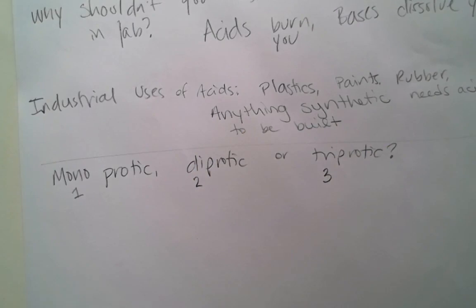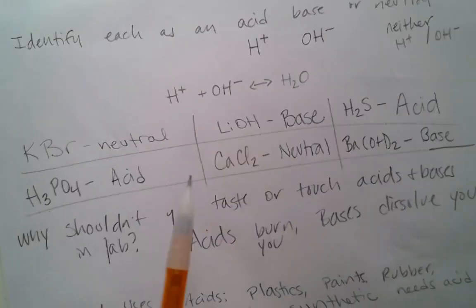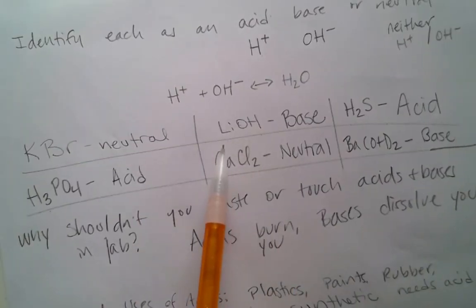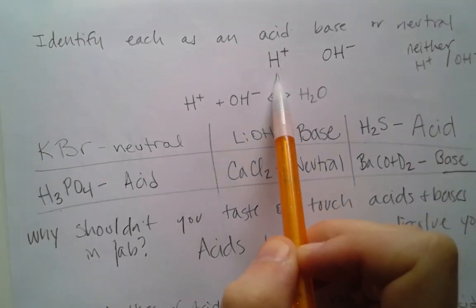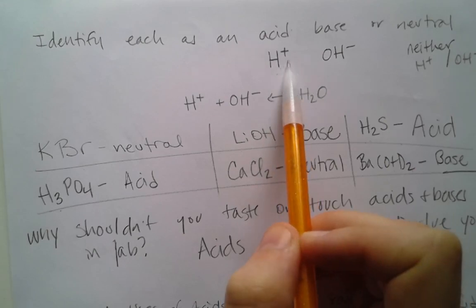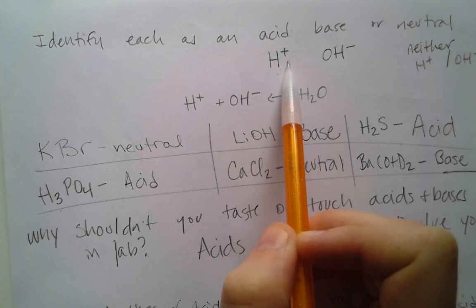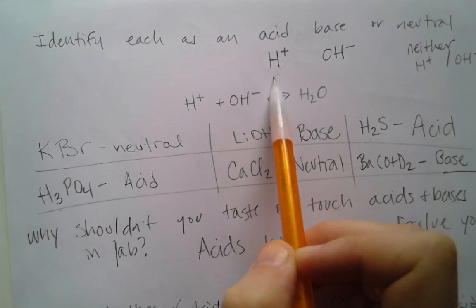That matches pretty well with what we were previewing up here. Protic refers to H plus, which is a hydrogen atom with a plus charge. Hydrogen atoms have 1 proton and 1 electron. If your hydrogen atom has lost its electron, all that's left is the proton. So H plus is a proton.